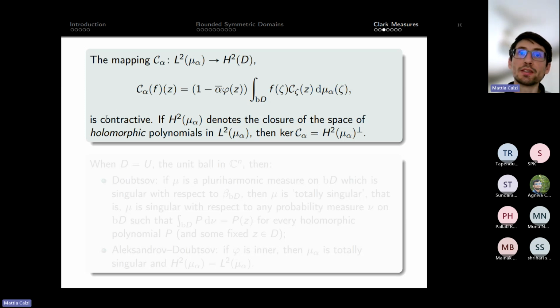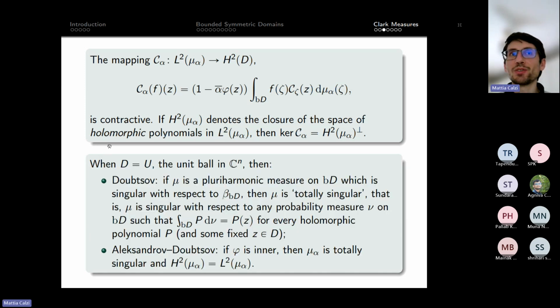It is in fact a partial isometry when phi is inner. It is no longer one-to-one when phi is inner in general. And again, its kernel is the orthogonal complement of H2, which is the closure of the space of holomorphic polynomials in L2.